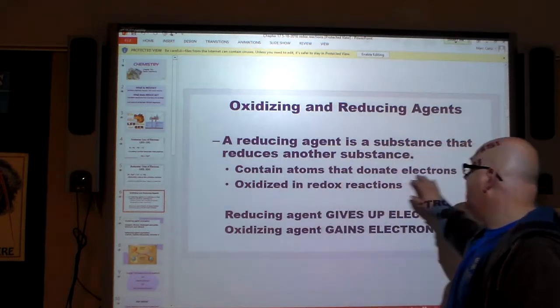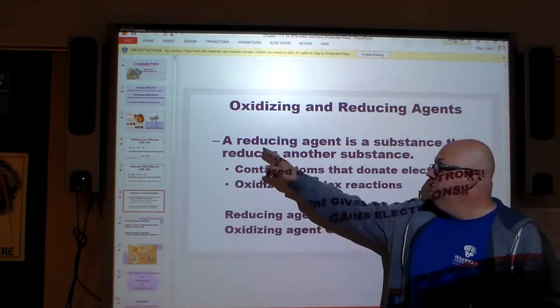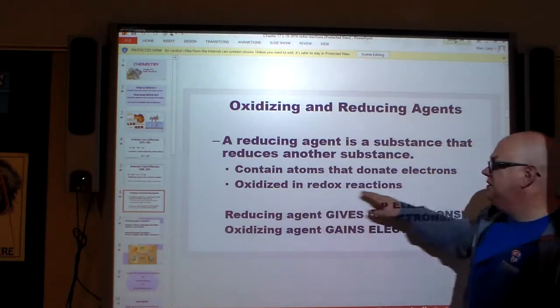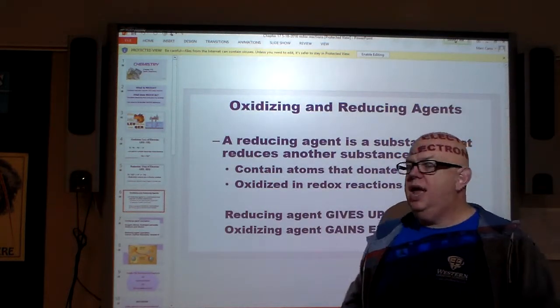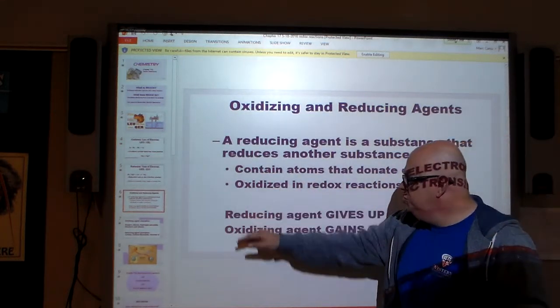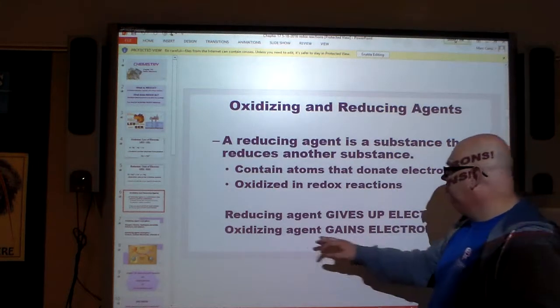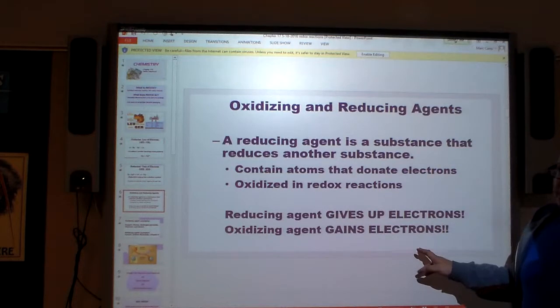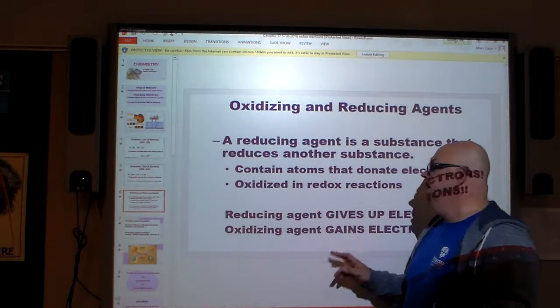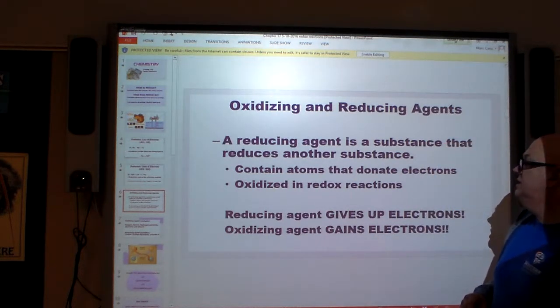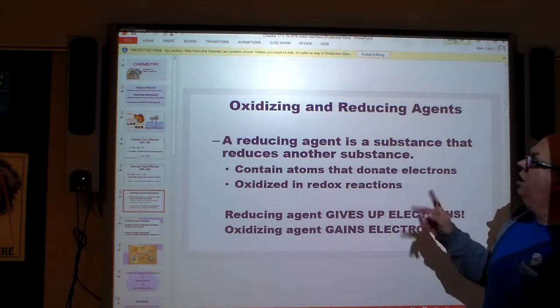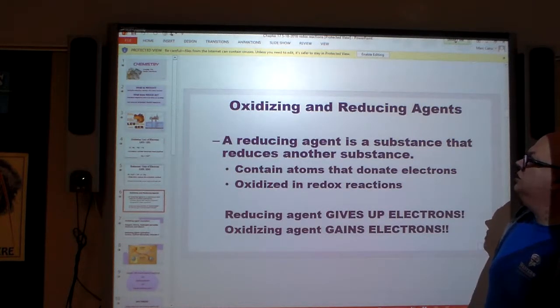It has atoms that donate electrons, so a reducing agent is oxidized in redox reactions. Whereas the reducing agent gives up electrons, the oxidizing agent picks up electrons. Okay, so that's the idea behind the difference between oxidizing and reducing agents.